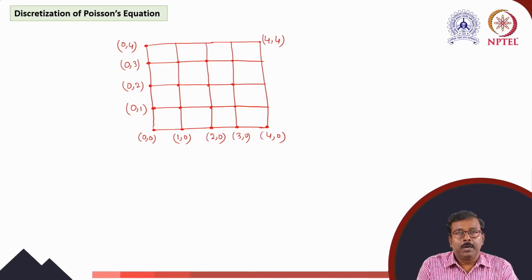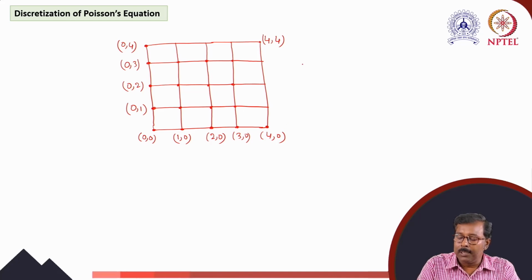Now the boundary condition is given that, say, the potential at these two boundaries, that is 0 0 to 4 0 and 0 0 to 0 4, is 0.